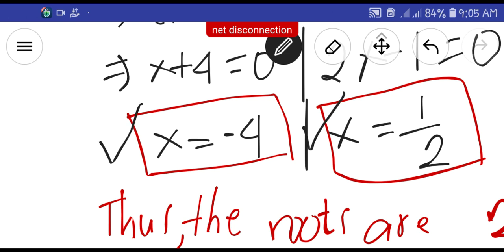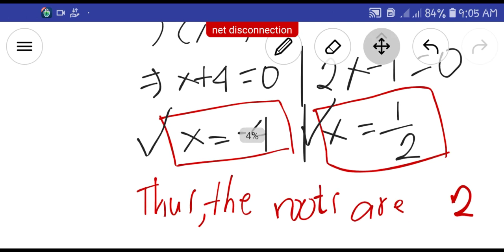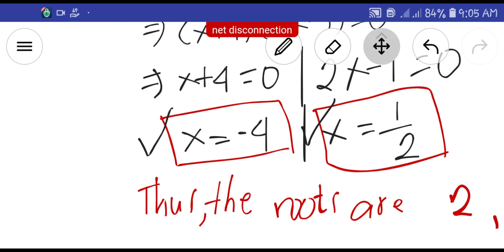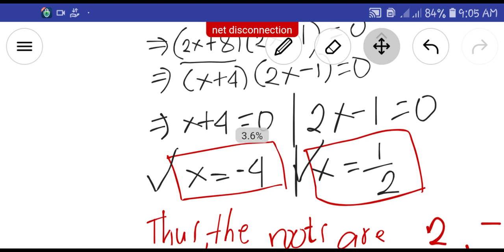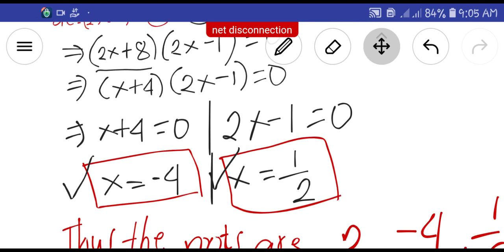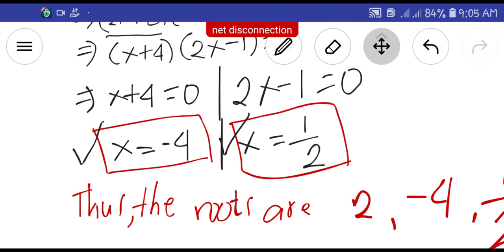So this is how you get the roots of the equation, which is a degree of 3 or cubic. You just have to get the value of c over d and get the possible roots and divide them and try to test the possible roots using the synthetic division.